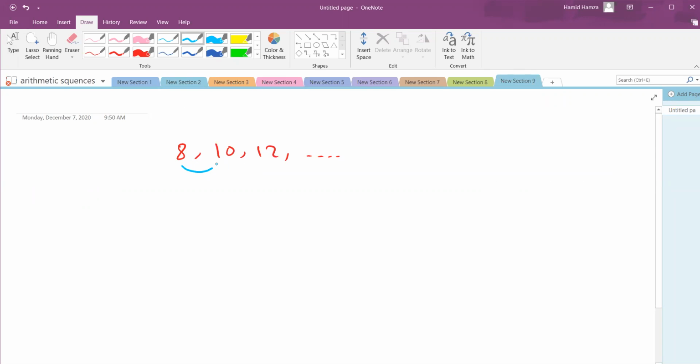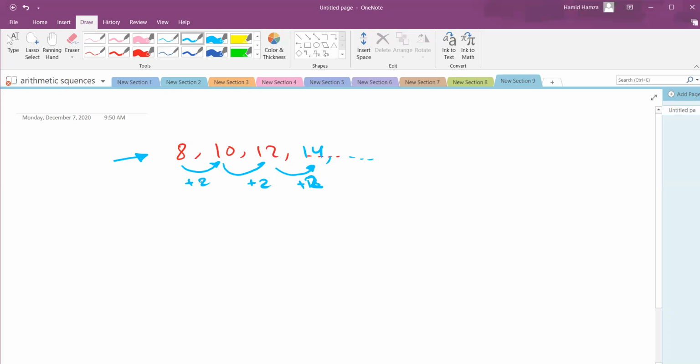Each time I add 2 to obtain the next term. Suppose we have 14 here, and so on. So if you add or subtract a constant number to get the next term, that means we are dealing with an arithmetic sequence.